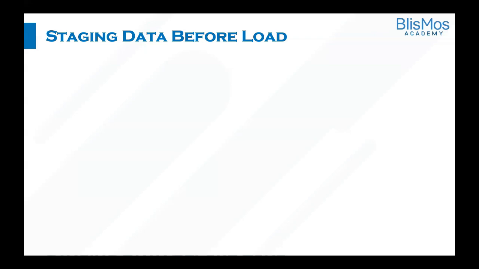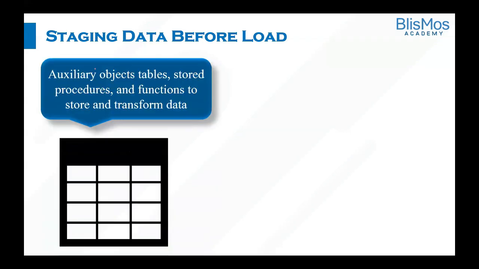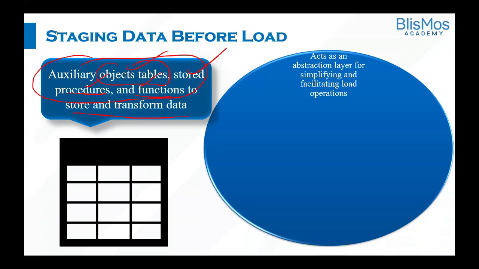We can use the staging for auxiliary objects, like temporary objects such as tables, stored procedures, and functions, to store and transform the data. So the staging area acts as an abstraction layer for simplifying and facilitating the operation.